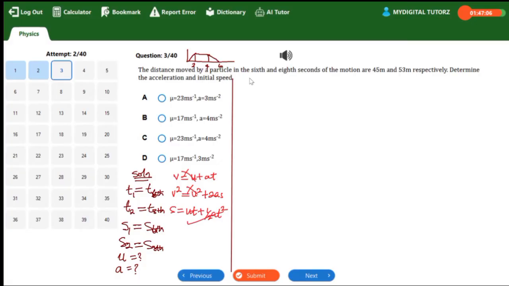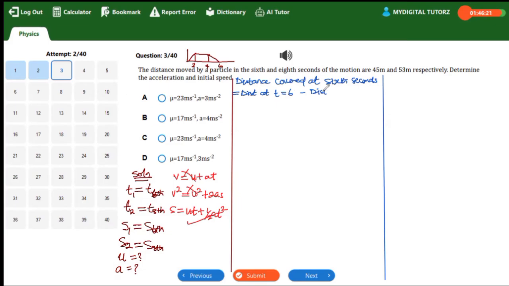So having known the equation we are going to use, we now, okay, distance covered at the sixth second. The distance covered at the sixth second will be equal to the distance when time is equal to 6, minus the distance when time is equal to 5.